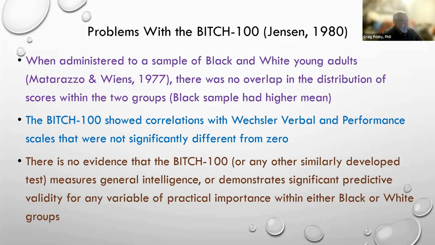But then, there is an extensive literature that looked psychometrically at the BITCH test, and basically they found that the BITCH test showed no correlations whatsoever with Wechsler verbal and performance scales. The correlations were not significantly different from zero. They found no evidence that the BITCH test measured general intelligence or demonstrated significant predictive validity for any variable of practical importance, either within Black or white groups.